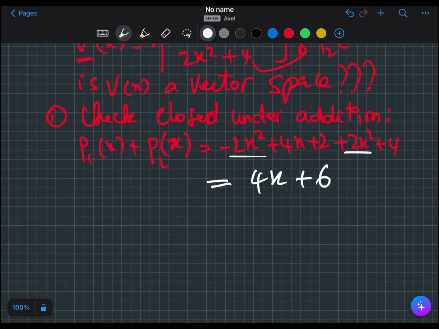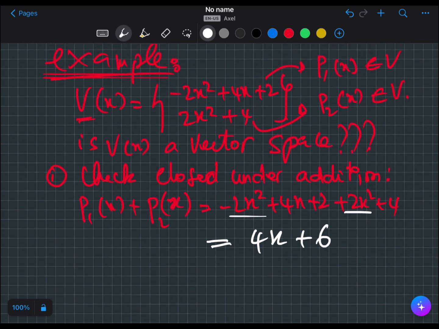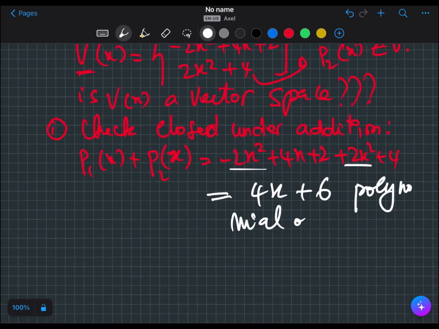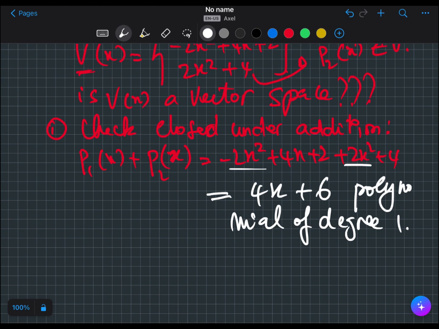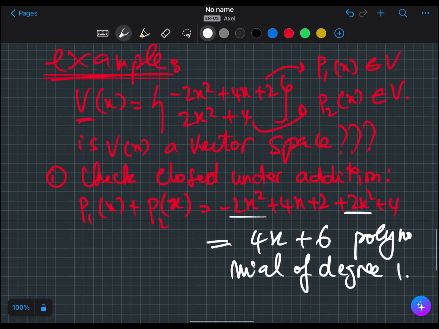We see that 4x plus 6 is a polynomial of degree 1. Meanwhile, our set V is a set of polynomials of degree 2.